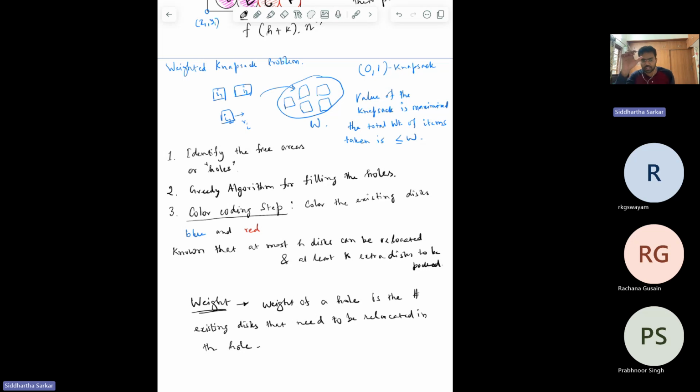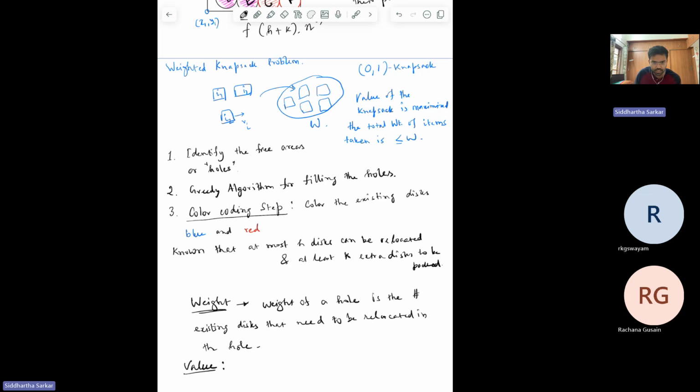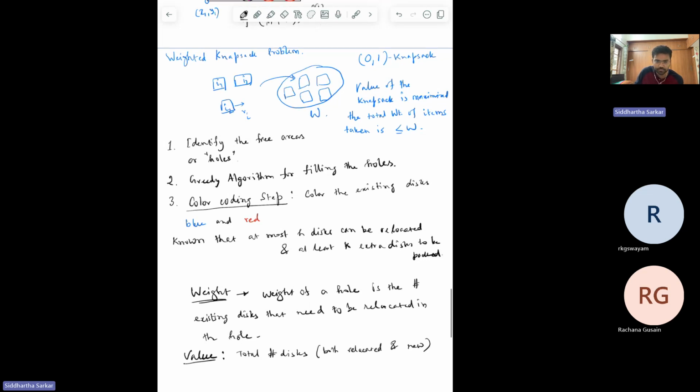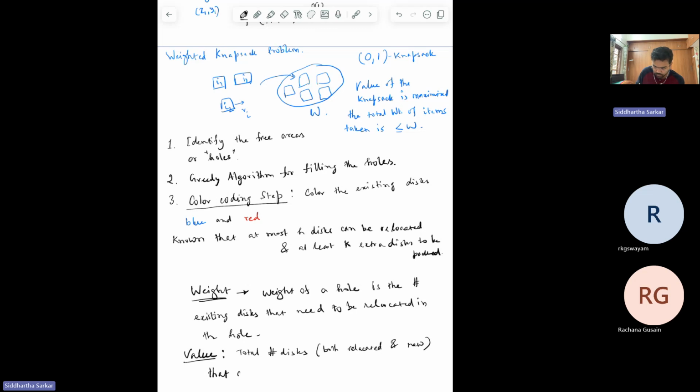So that is the weight of the container, and the value of an item. The value of the container is the total number of disks. The final value of the container means the whole. The value of the knapsack is the value of the total number of disks, both relocated and new, meaning newly added, that can be packed within the hole, of course, non-overlappingly.